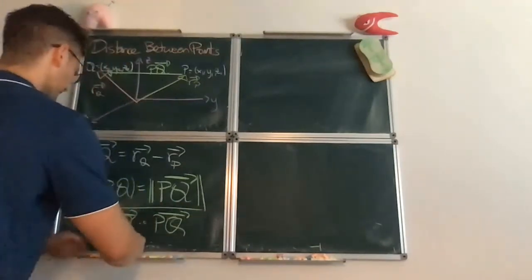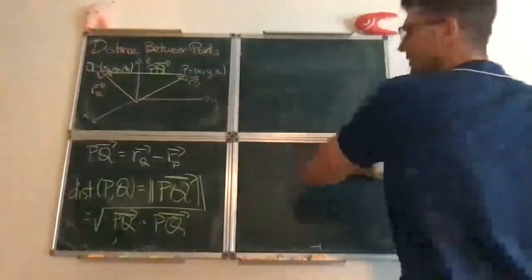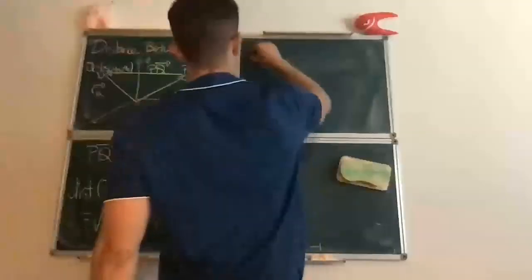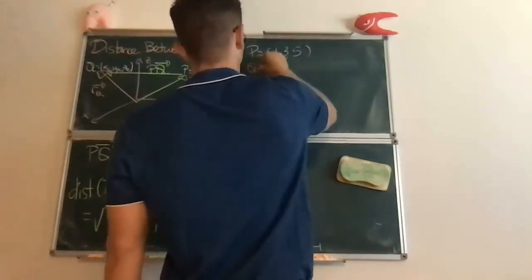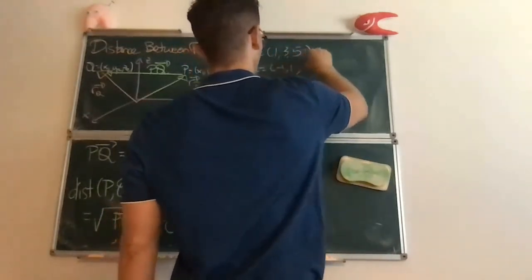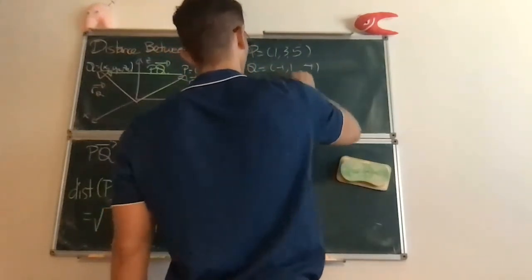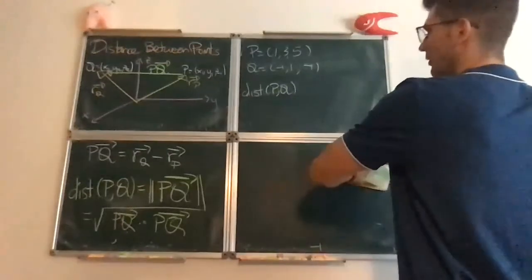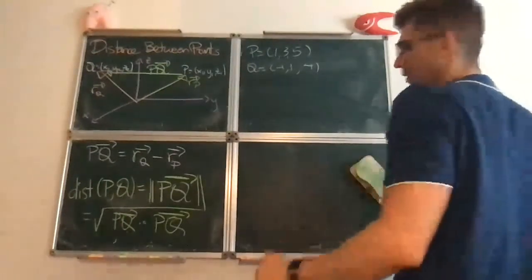So just to do a quick example, because this is a very straightforward formula. So let's say that P is 1, 3, 5 and Q is negative 1, 1, 4. What's the distance then between P and Q? Well, in order to find the distance between P and Q, we need the vector PQ.